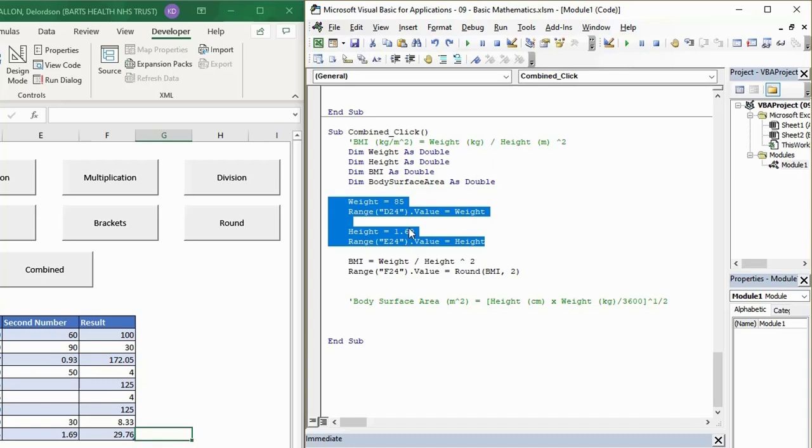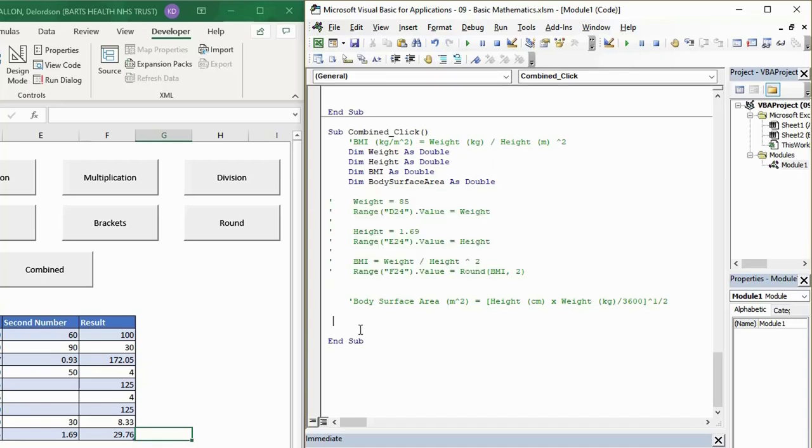So let's copy this code, comment out our BMI calculation, and use our height and weight to calculate body surface area. We'll leave the weight as 85 in kilograms, and we'll change the height to 169 in centimeters.